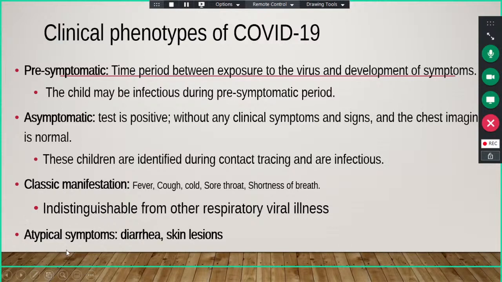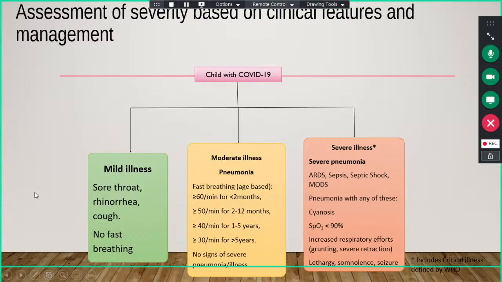And a certain small proportion of patients, specifically children, may have atypical symptoms in the form of gastrointestinal symptoms, like vomiting, diarrhea, pain abdomen, but that is 5 to 10% of the patients, and 2 to 3% may have a skin lesion. So these are very less in number, but it may be there.